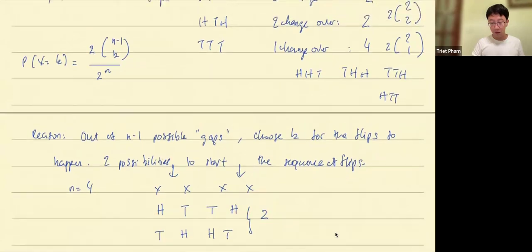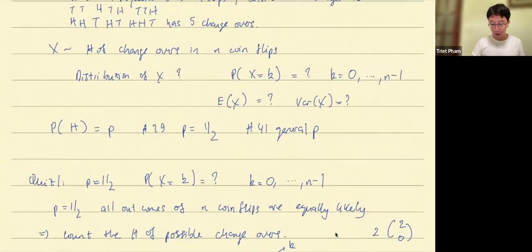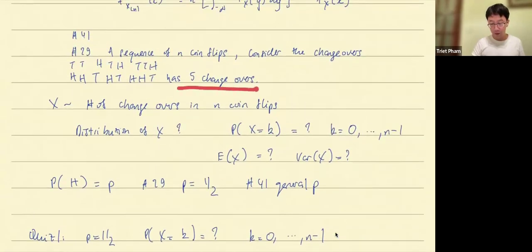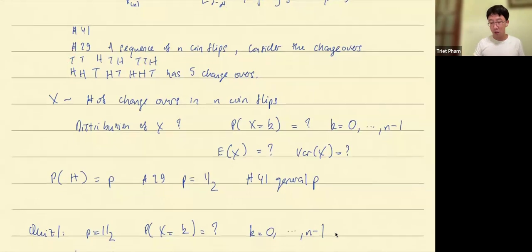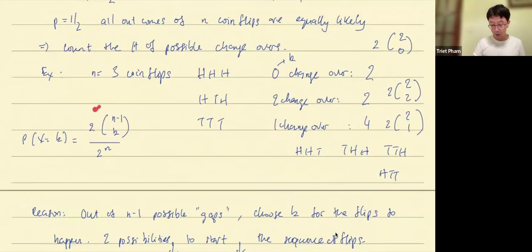For example, here are 2 sequences that have 5 changeovers with exactly the same locations where changeovers happen. You understand? Basically, you flip head to tail, you have the same sequence with the same number of changeovers happening at the same location. That's what this 2 is about.